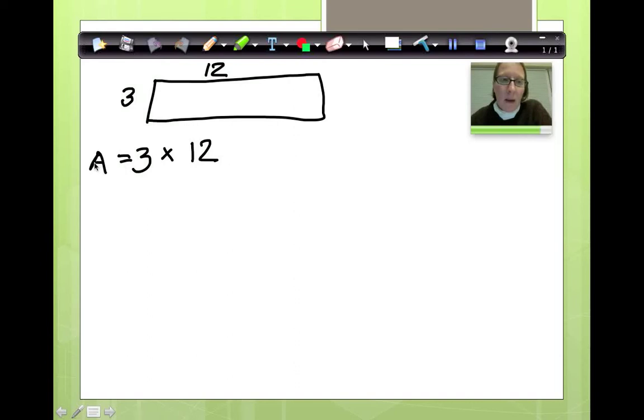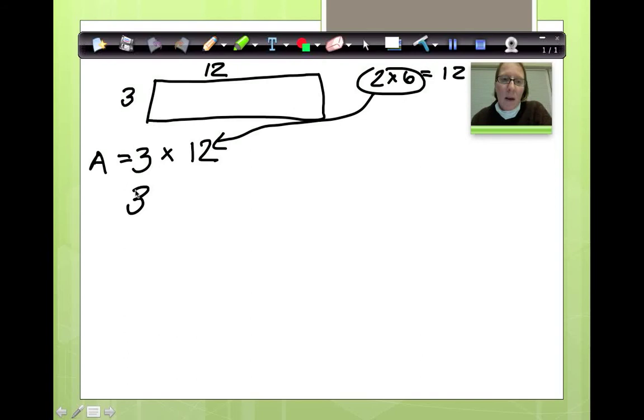Now, let's do it another way. Instead of something like the 10 plus the 2, let's do it in a multiplication way. So what times what gives me 12? Well, 2 times 6 gives me 12, right?